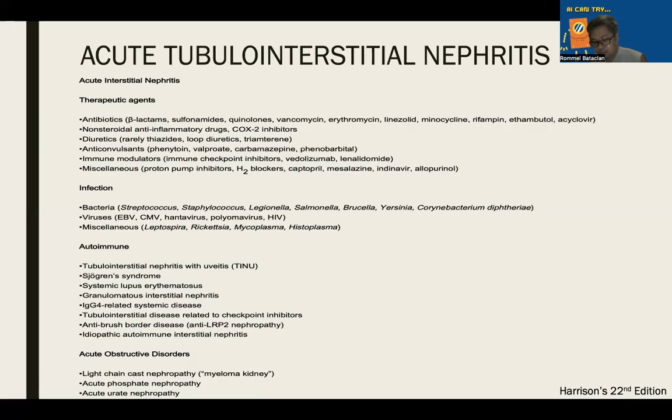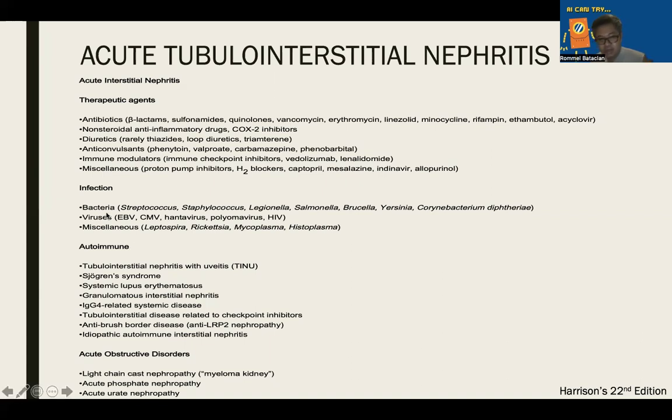Proton pump inhibitors, diuretics, particularly loop and thiazide diuretics, anticonvulsants, immune modulators, at saka yung mga immune checkpoint inhibitors. Okay? Infections would be the second most common cause of ATIN.